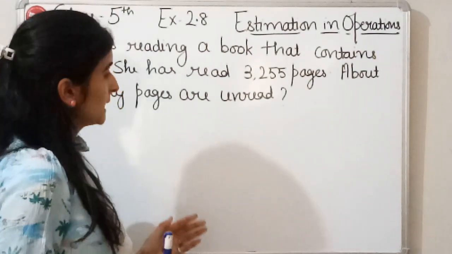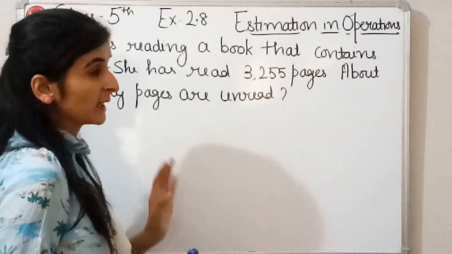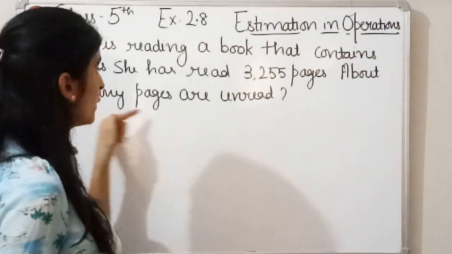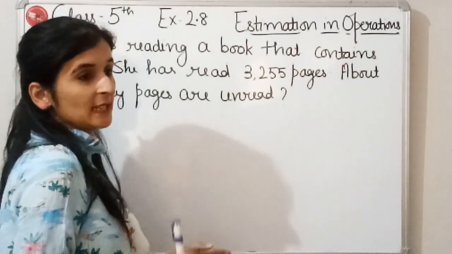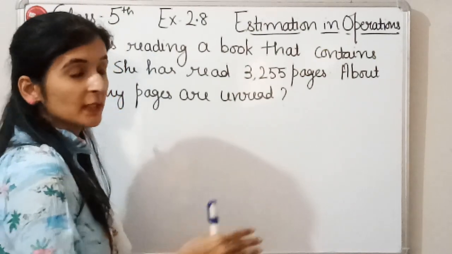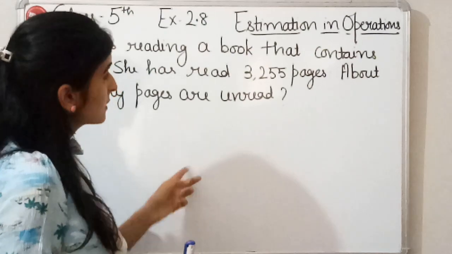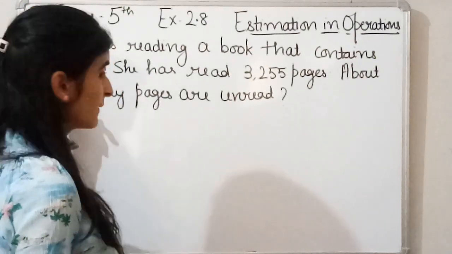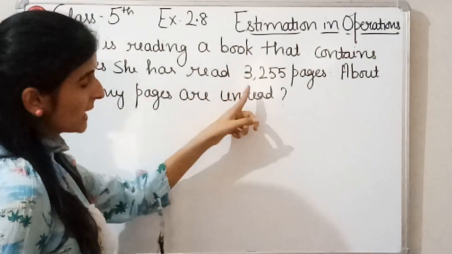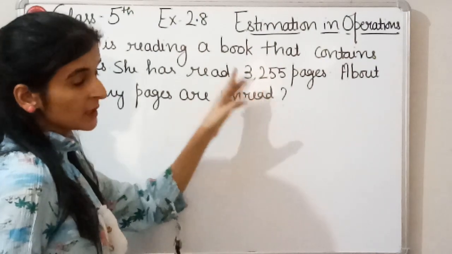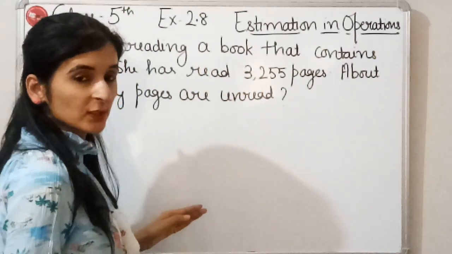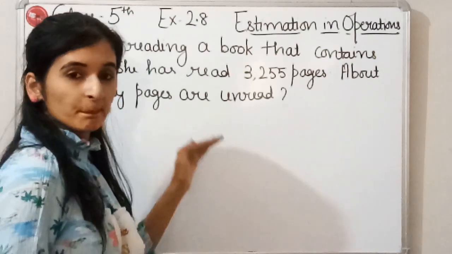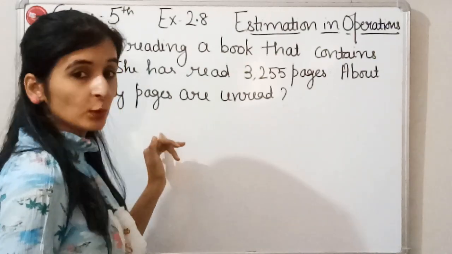For finding the number of pages left, but here we have given about how many pages are unread. It means we have to find out the estimated difference, because here we have given total pages and we have given the number of pages she has read. So for finding the left number of pages we will subtract, but here we have to do estimation.